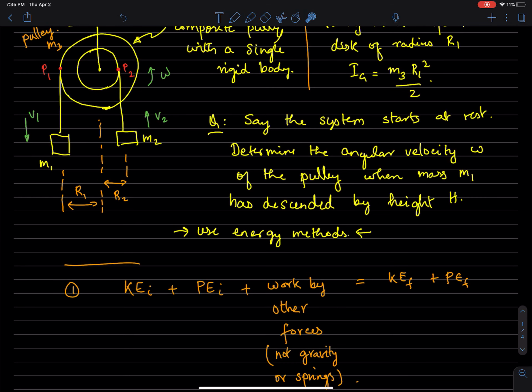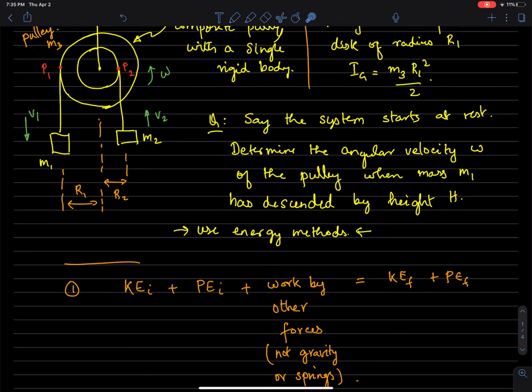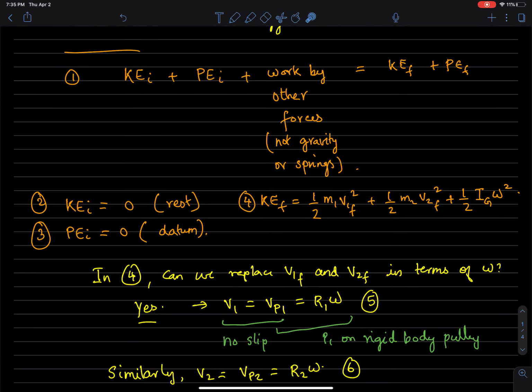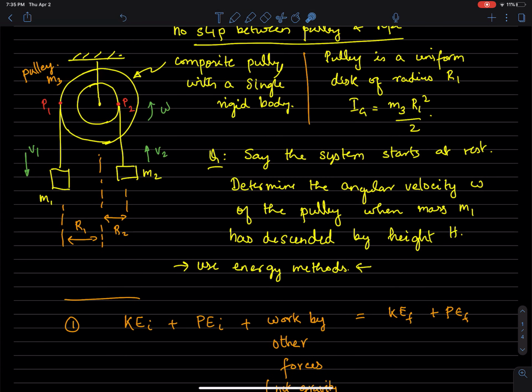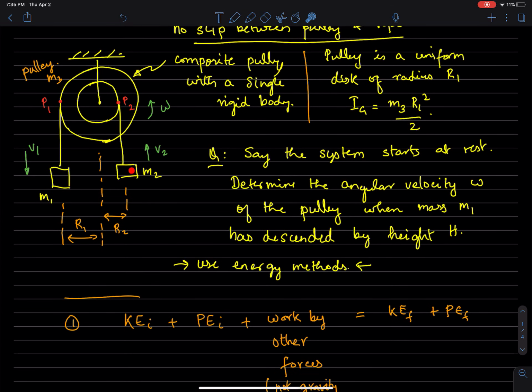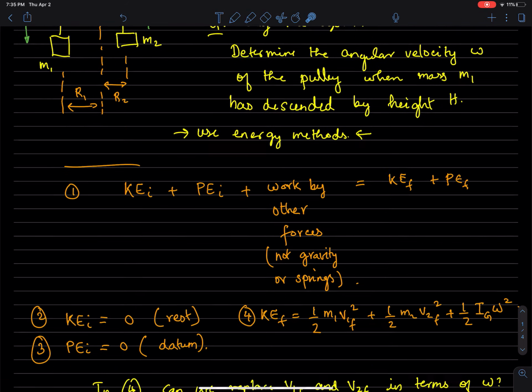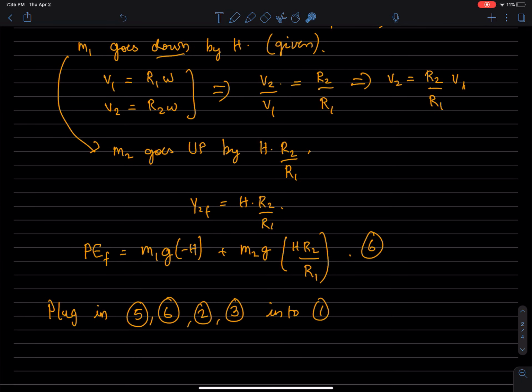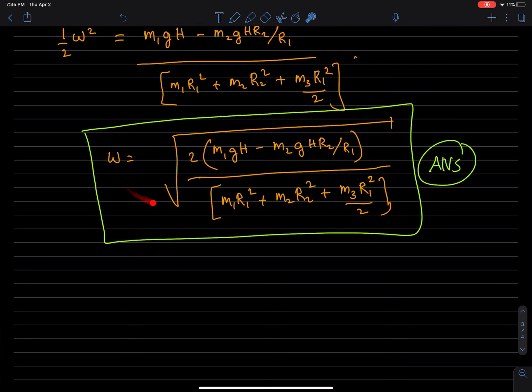Similarly, if we were told that this went down by h, we could use the same no slip condition, the fact that these velocities are related by the radius ratio, to find how much this went up by, which is not equal to h, but h multiplied by a radius ratio. And that allowed us to solve for the final expression for omega. I guess we'll stop there.